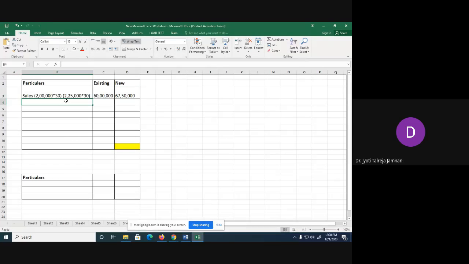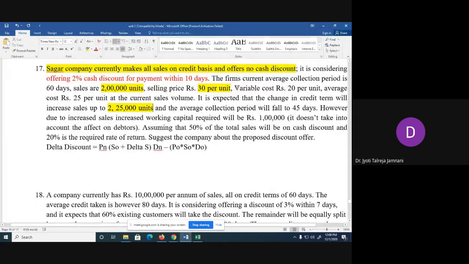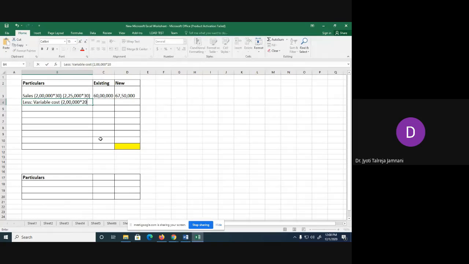From this, you less variable cost. 2 lakh into, we'll see what is the variable cost per unit. Here it is given variable cost per unit is 20 rupees. So we'll do 2 lakh into 20, which comes to 40 lakhs.